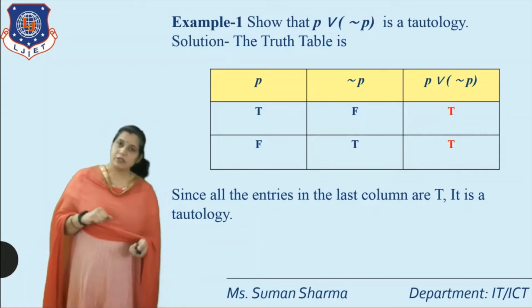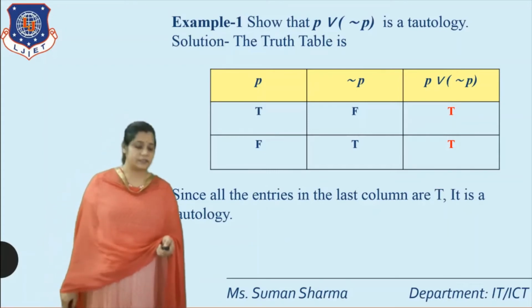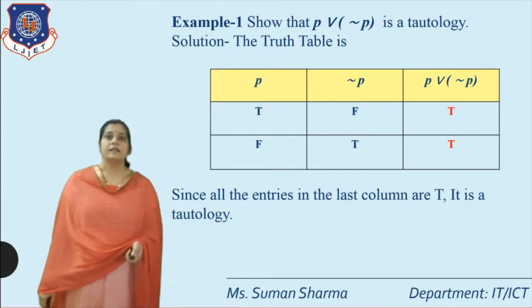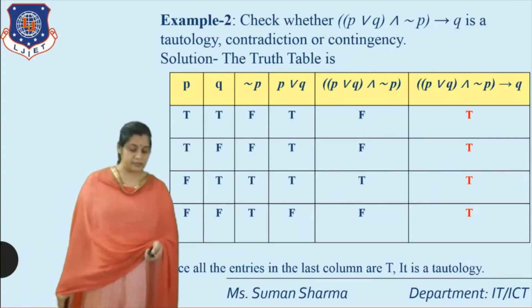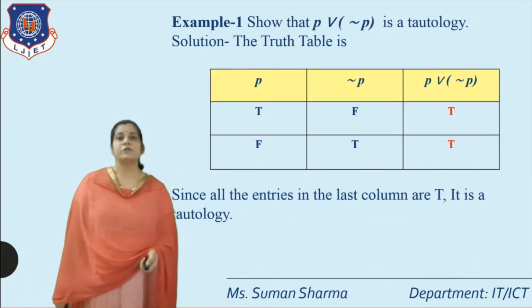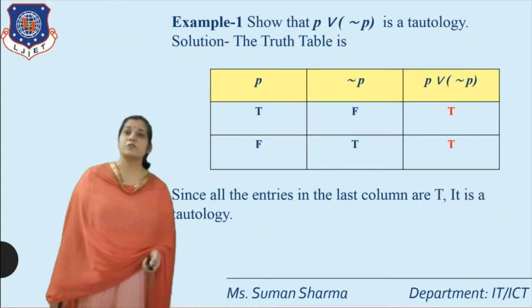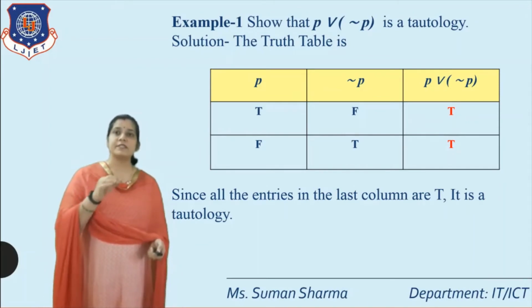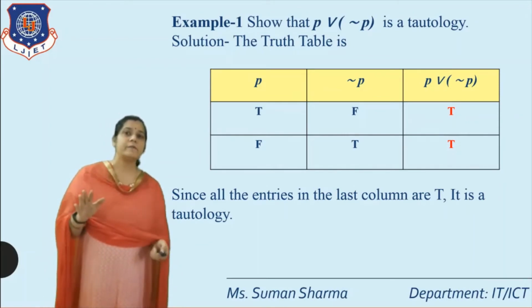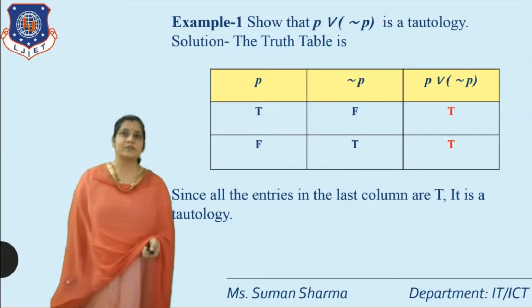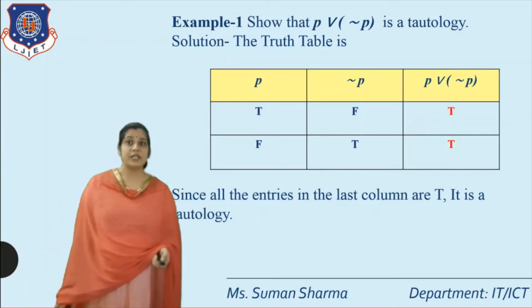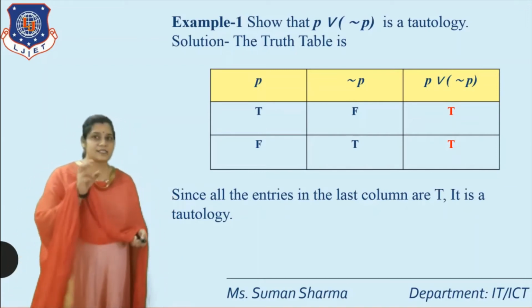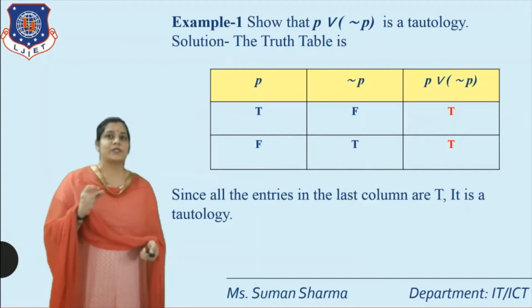T, F, T, F. So here for P we write T, F, and negation P is F, T. For P disjunction Q, if both statements are false, FF gives F and all the remaining you write true. So TF gives T and FT gives T. What does this mean? If the last column has all values true, it is a tautology.